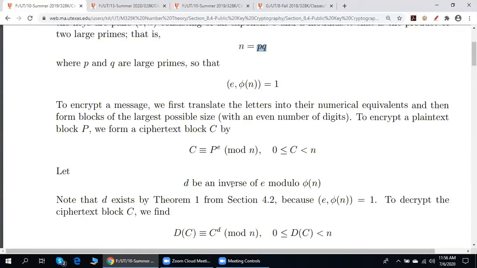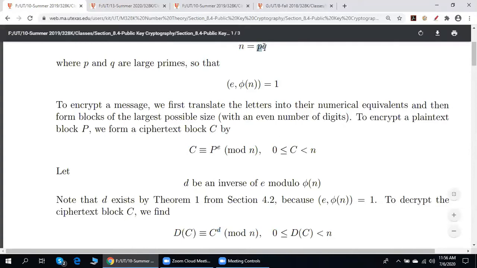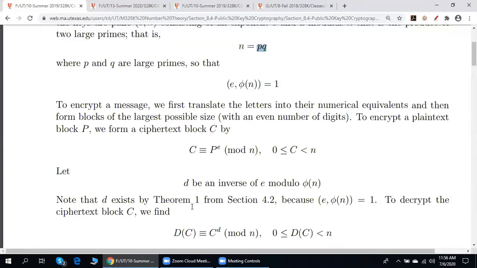Repeat once again. In order to decrypt, we need d. However, if p and q are not known, it is exceptionally difficult to find the inverse of e modulo phi of n, because phi of n is p minus 1 times q minus 1.